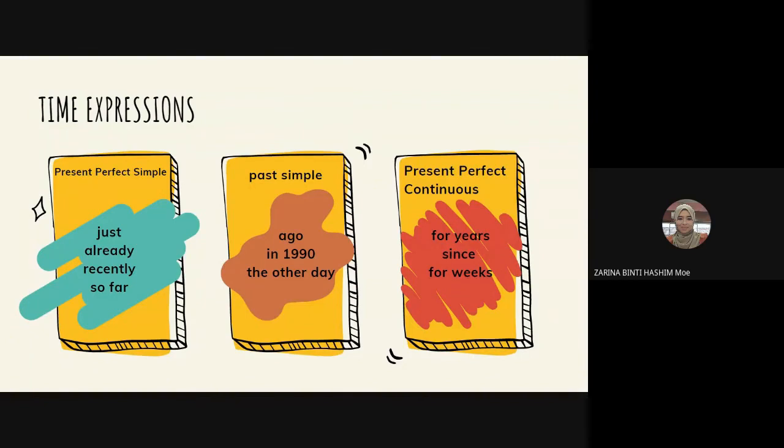So, I have recently taken. Present perfect uses the past participle. So I have recently taken a team to the national finals, and we.